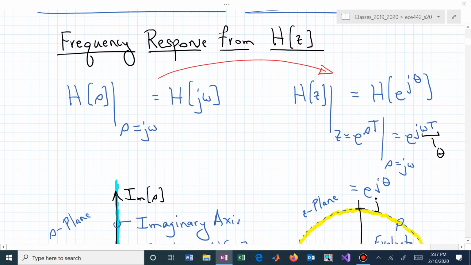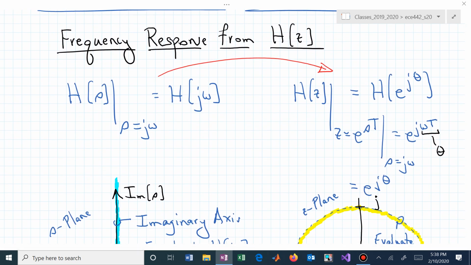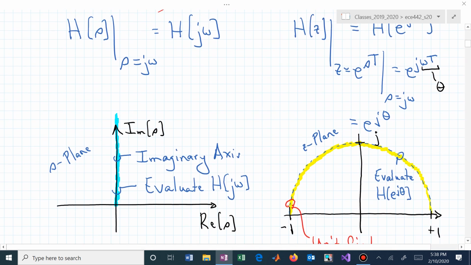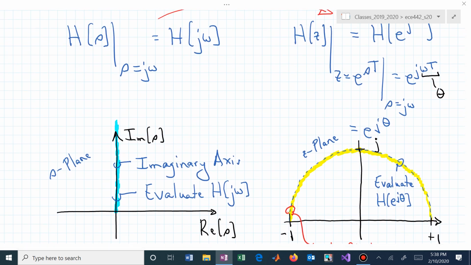Let me give you a big picture view. Hopefully you're familiar with the continuous time case, which is on the left: H of s evaluated at s equals j omega. That gives us H of j omega, and we can find that many different ways. You could analytically compute it, you could sketch the Bode plot, or you could find H of j omega from the pole-zero plot in the S-plane.